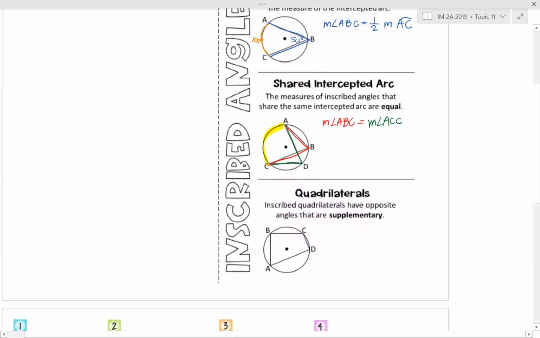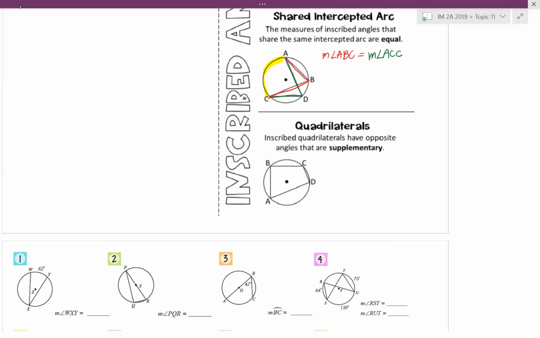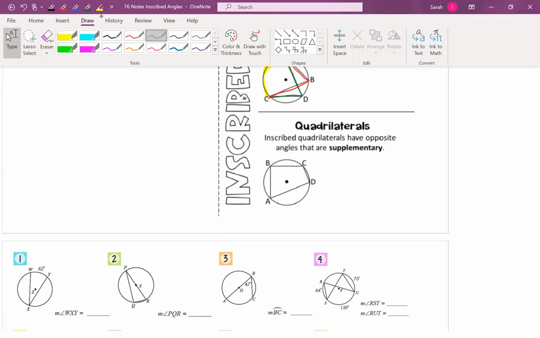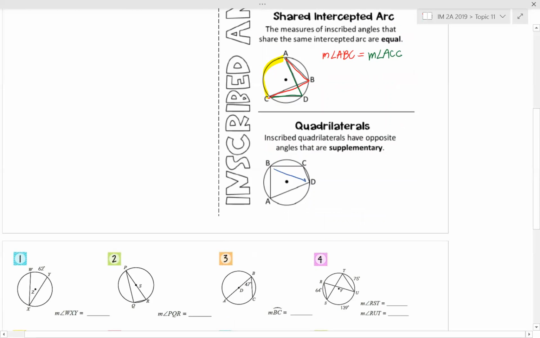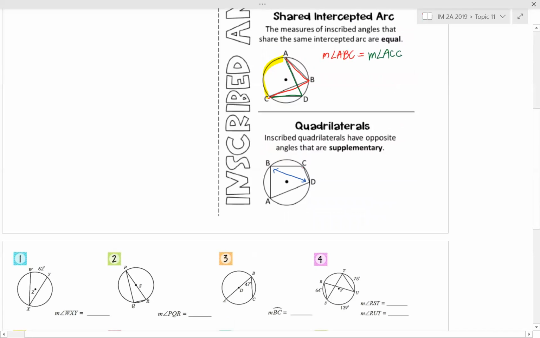So then for the last one, if I have a quadrilateral that's inscribed inside of a circle, so if I have a quadrilateral whose four vertices are all on the circle, then opposite angles are supplementary. So what that means is that the angles that are opposite one another, so B and D, or A and C, those angles are supplementary.